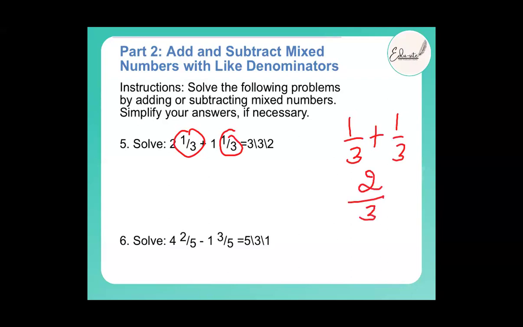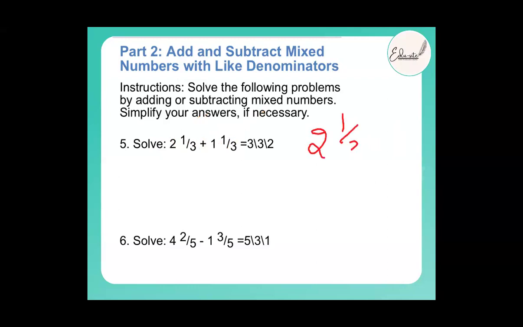Yeah. If you add just the fractional part first and then add the whole part. What is the whole part? 2 plus 1 is 3. It is 3, 2 by 3. This would be your answer. Understood? Wait 1 sec. I'll teach you again, Anis. You have 2 1 by 3 plus 1 1 by 3.